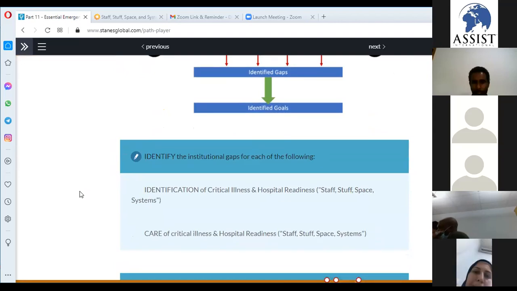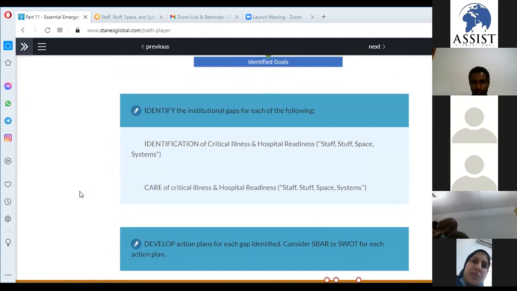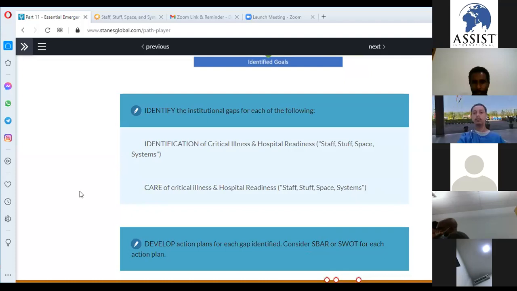But as Dr. Ananya says, we don't think that essential emergency critical care service needs expensive or sophisticated materials and equipment. What we need is creating the need.